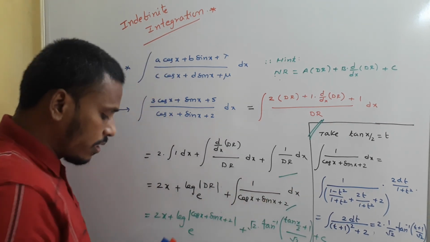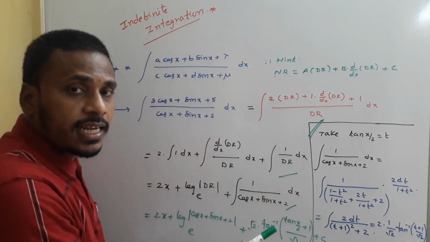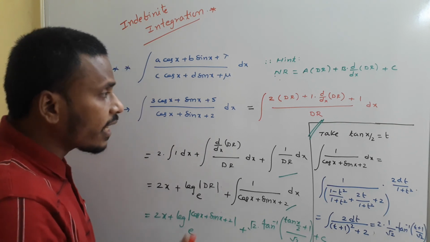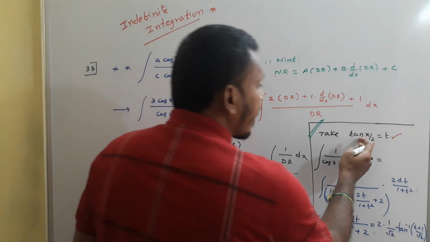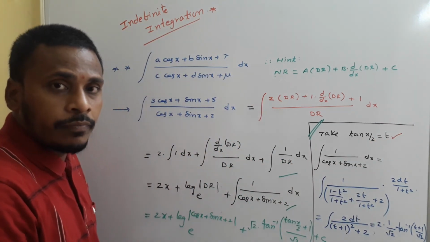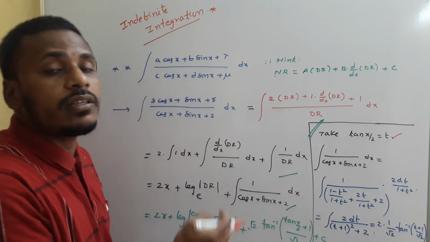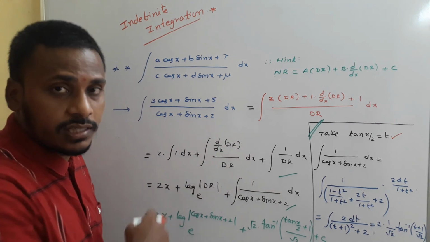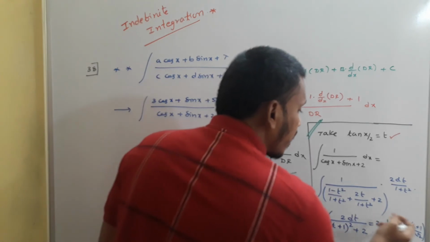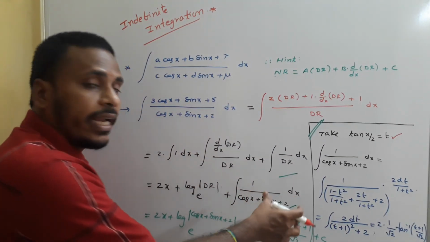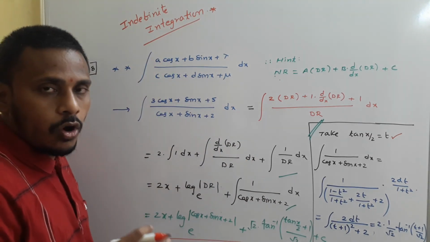This is the method which we already learnt in our previous points, by taking the suitable substitution tan x by 2 equals t. Then calculate sin x, cos x, dx in terms of t, as we already discussed at points 36 and 37. Use those and express everything in terms of t, then apply the standard integration formula. There ends the way of finding the integral for this third term. So finally this is our answer for this problem. Have a look.